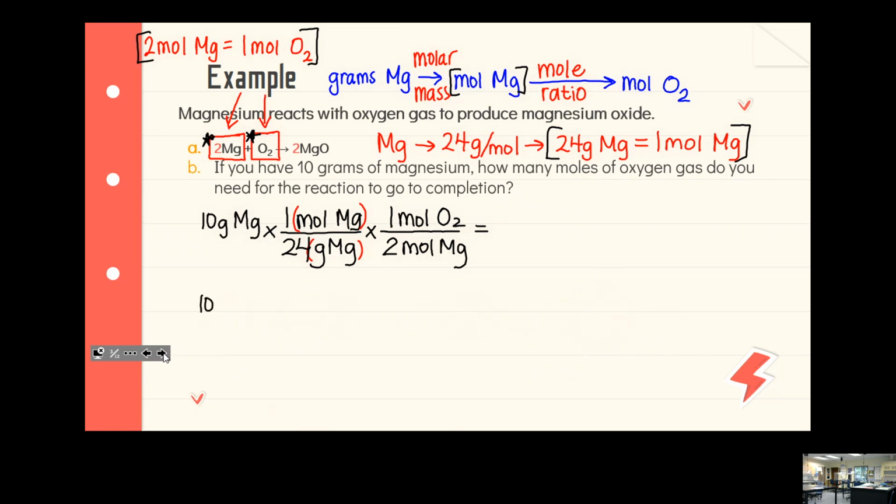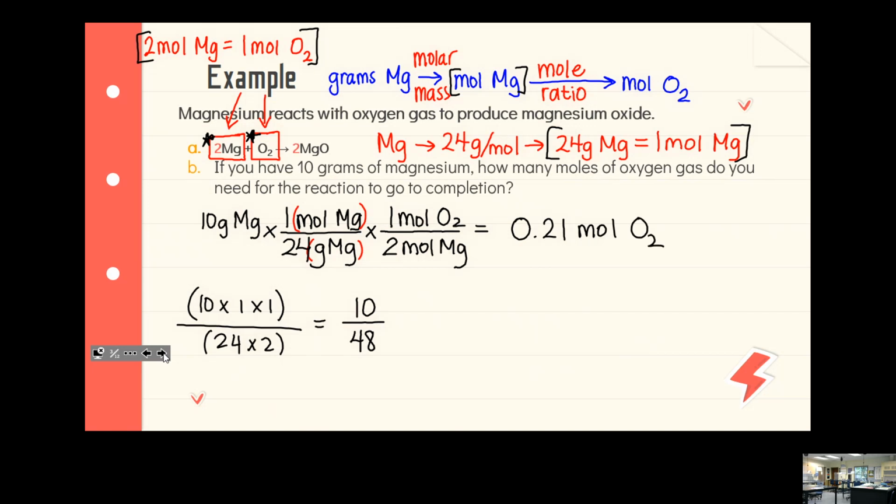So I see 10 times 1 times 1 divided by 24 times 2, right? So I would get 10 divided by 48, and if I just plug that into the calculator, you should get your final answer. It does not matter which way you go about doing this process.